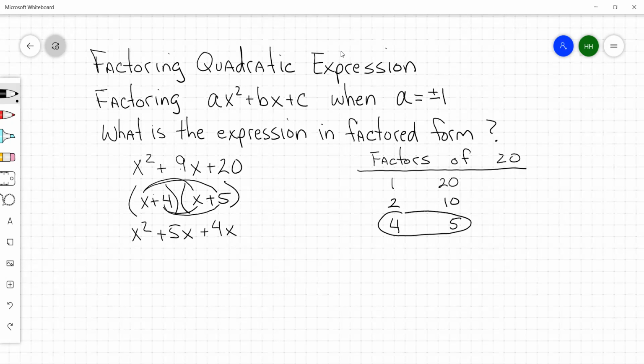And your 4 times your 5 would be positive 20. And then if you combined your like terms here in the middle, you would get x squared plus 9x plus 20. Which is the same as what you started with.